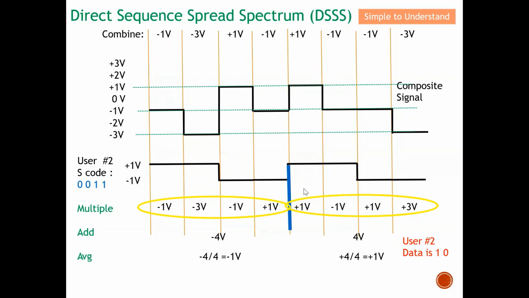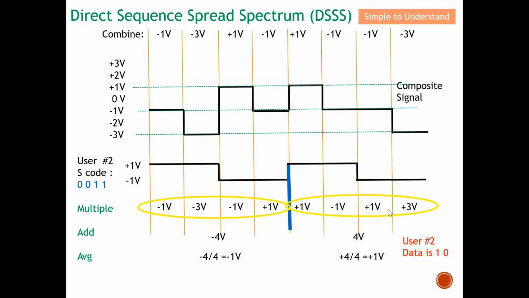The same goes for the other side of user 2 data. Again, I'm going to multiply them. +1 multiplied by +1, I get a +1 volt here. Minus positive becomes -1 volt. -1 volt times -1 volt becomes +1 volt. -3 times -1 becomes +3.